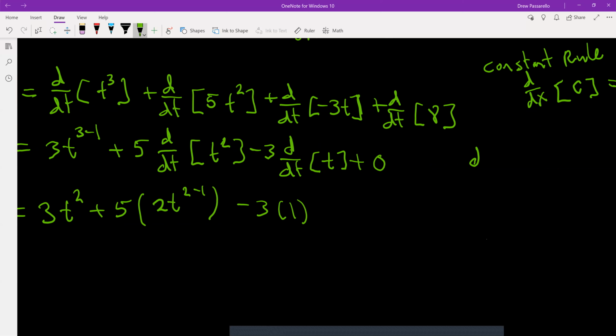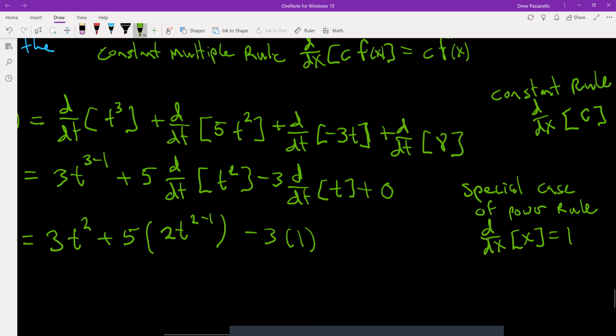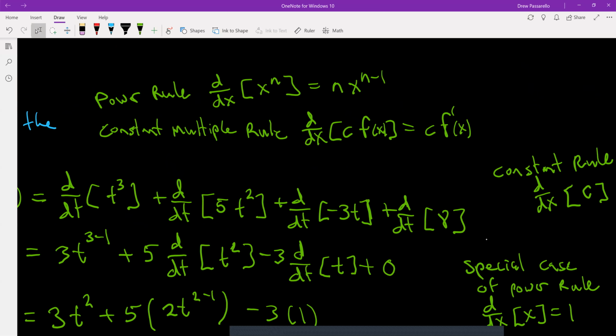And after you've done this whole section of examples, hopefully by this point you'll have these rules memorized.